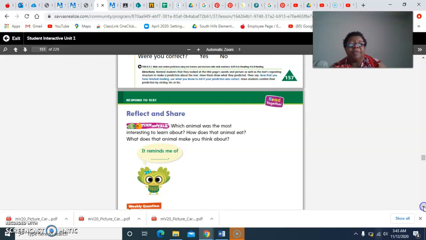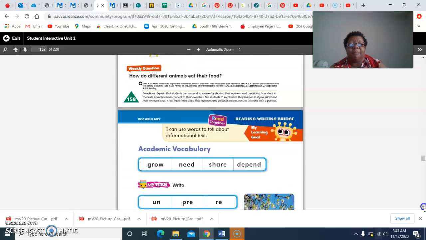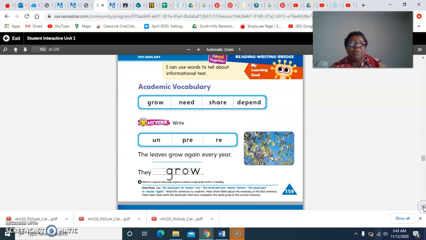Then share with your family which animal was the most interesting that you learned about. How does that animal eat? What does that animal make you think about? And then there's some more workbook pages. So make sure and reread the story and think about some things that you learned about the story today.